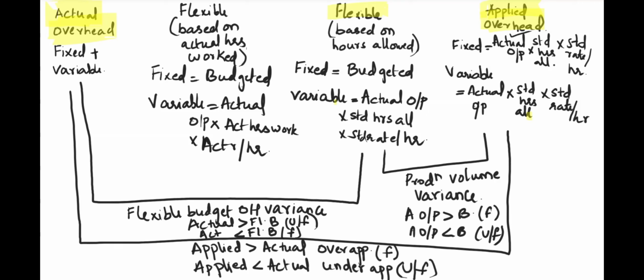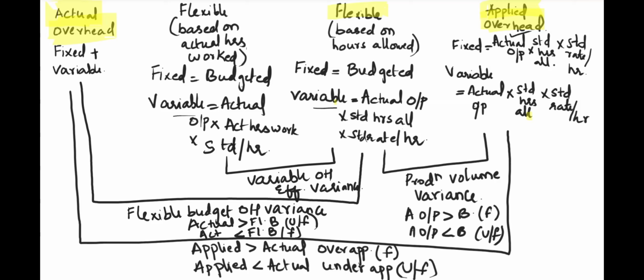The only difference in variable overhead is the hours worked, the efficiency. Here it is actual hours worked and here it is standard hours allowed. So this will go as variable overhead efficiency variance.